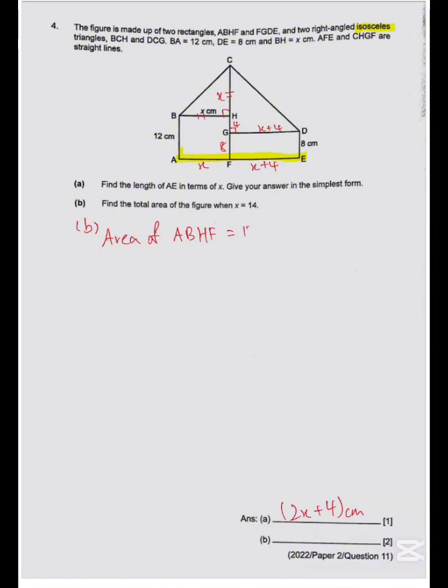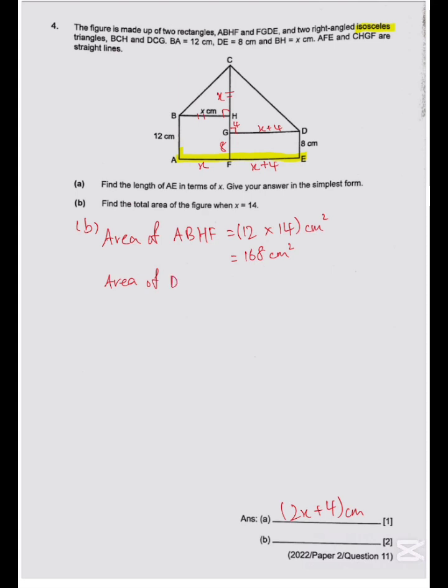X now is 14, right? So 12 times 14 cm squared equals to 12 times 14, that will be 168. So 168 cm squared.